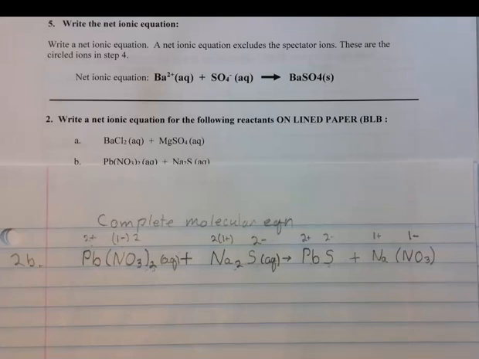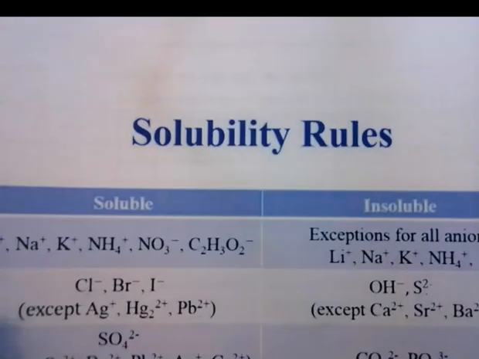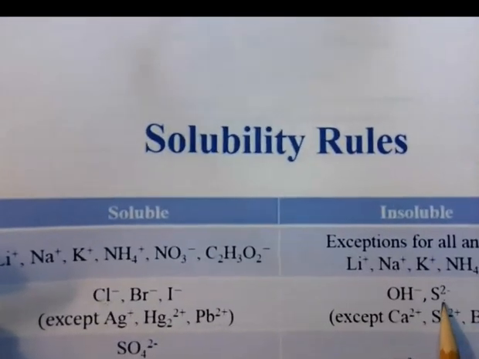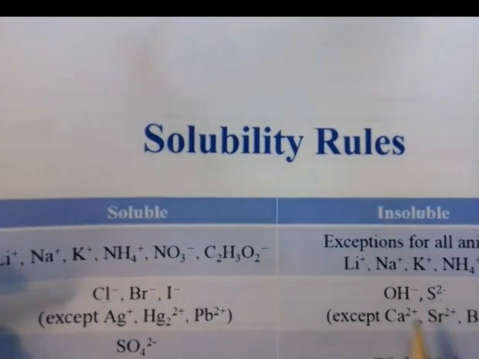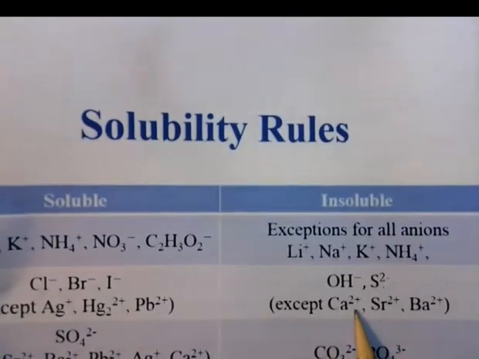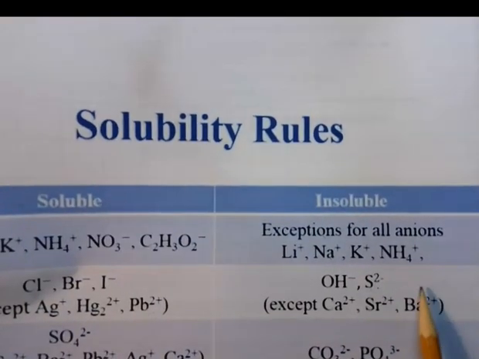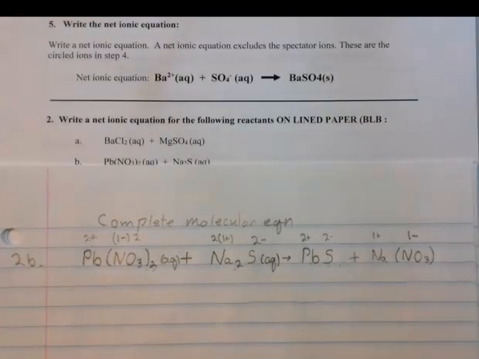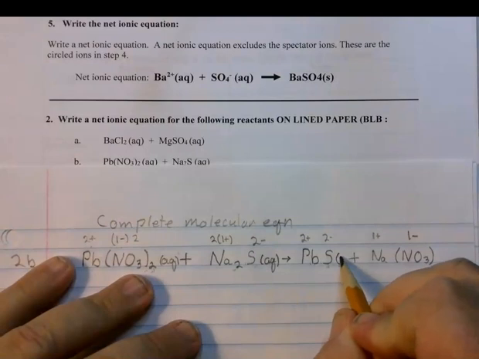Okay, now we want to check the solubility of these 2 compounds over here. So we get our solubility rules for lead sulfide, and we see that sulfide is insoluble except for these 3 elements, but lead is not one of these 3. So this makes it an insoluble compound. So that means the lead sulfide is going to be a solid.